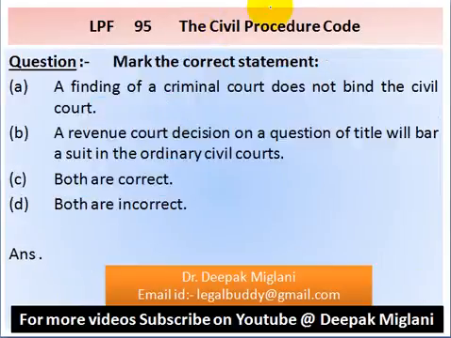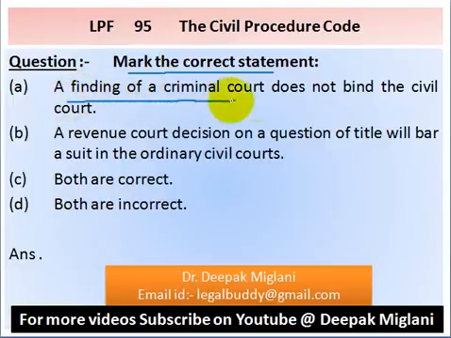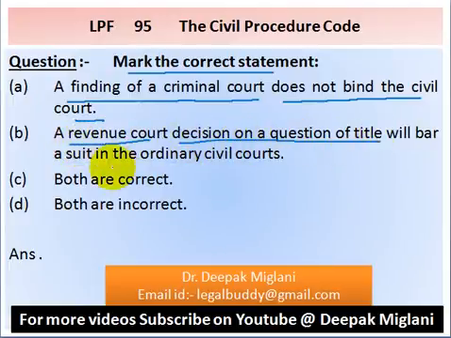Question number 95. Mark the correct statement. Option A. Finding of a criminal court does not bind the civil court. Option B. A revenue court decision on a question of title will bar a suit in the ordinary civil courts.